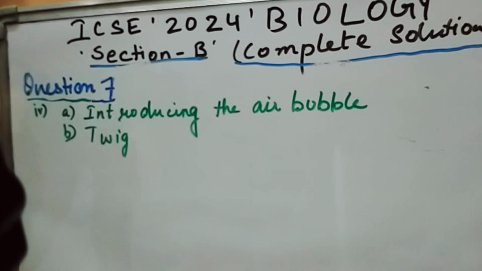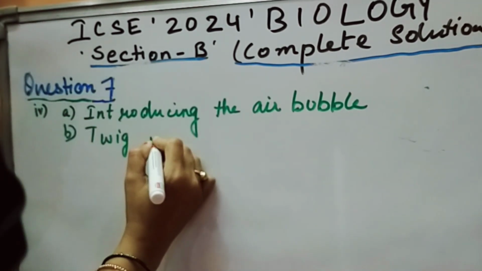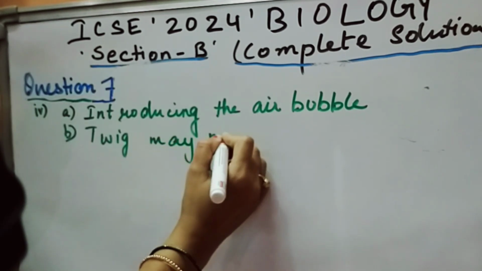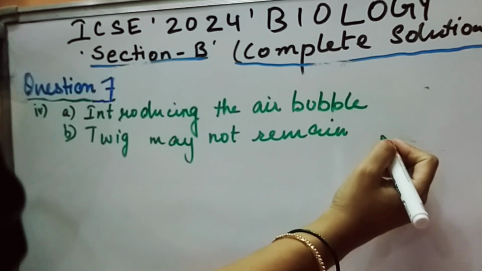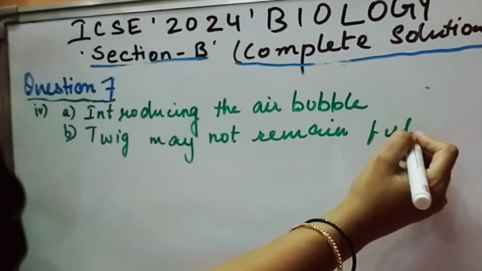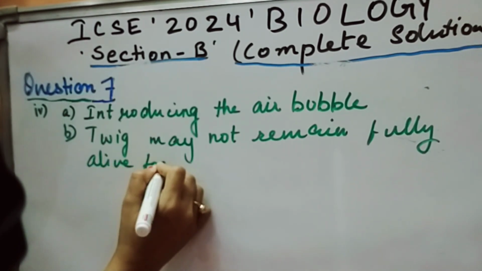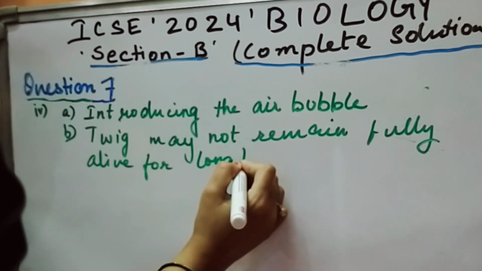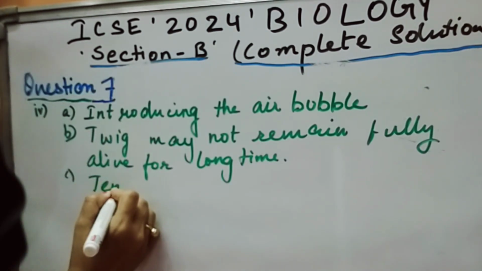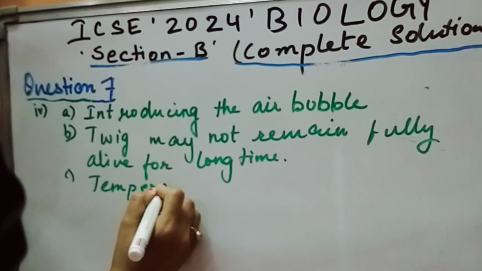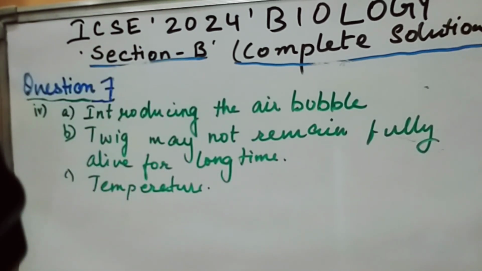As it is a cut twig, it may not remain fully alive for a long time. The third one would be temperature. So outside temperature can also bring variation. So there could be any of the two reasons.